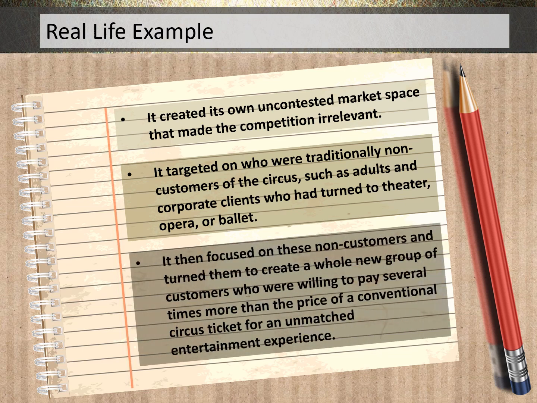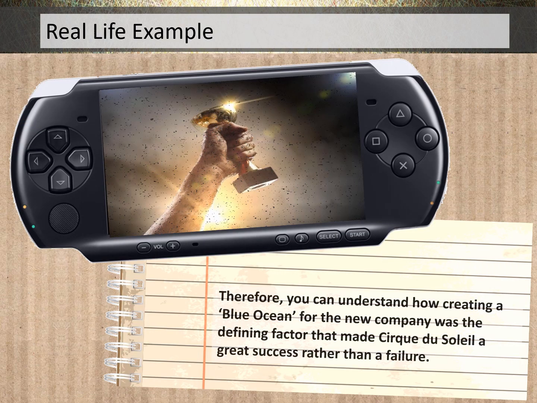It then focused on these non-customers and turned them into a whole new group of customers who were willing to pay several times more than the price of a conventional circus ticket for an unmatched entertainment experience. Therefore, you can understand how creating a blue ocean for the new company was the defining factor that made Cirque du Soleil a great success rather than a failure.